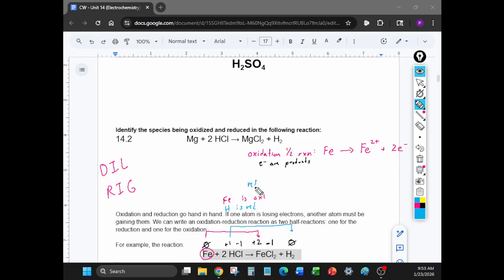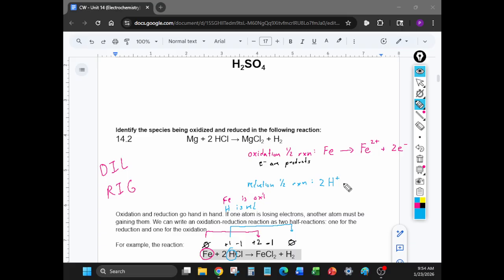On the other hand, for the reduction half reaction, okay, we can take a look at hydrogen. If you take a look at hydrogen, on the reactant side, it is an ion. It's going to be H+. And how many are there? There's a 2 in the front, so there are 2. And reduction is gaining electrons.